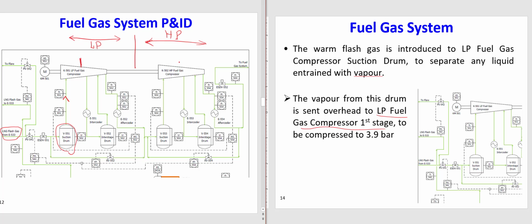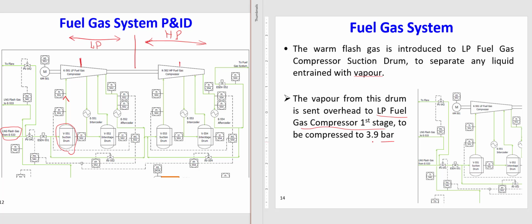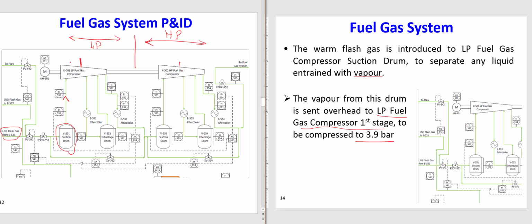So it goes to the first stage, and after the first stage, the pressure will be almost 4 bar. Now it is almost 3.9 bars. Now it goes to the cooler, a cooler system to cool down the temperature.